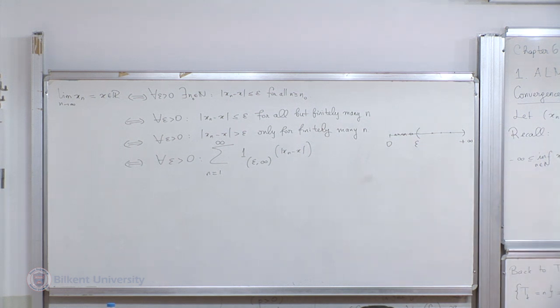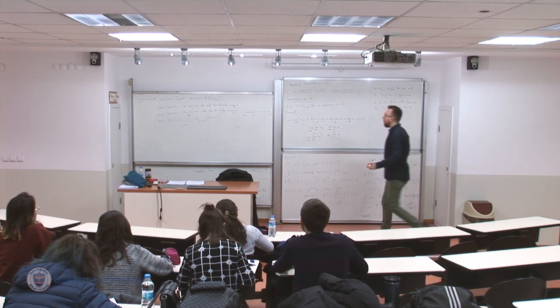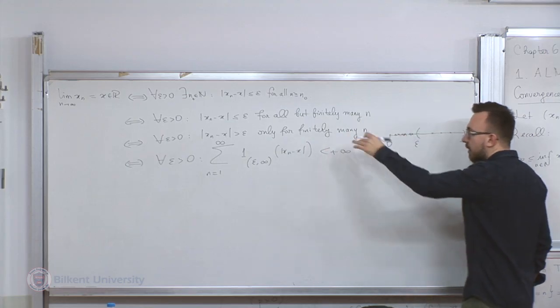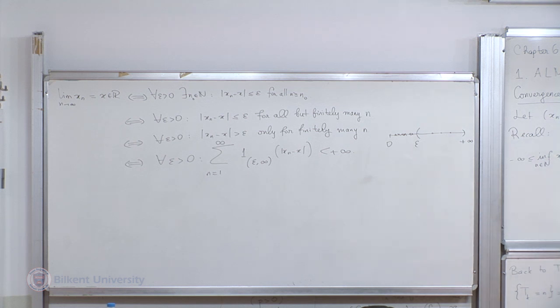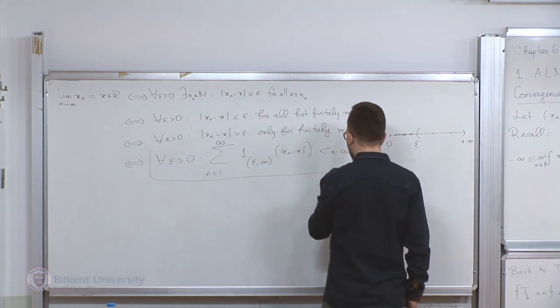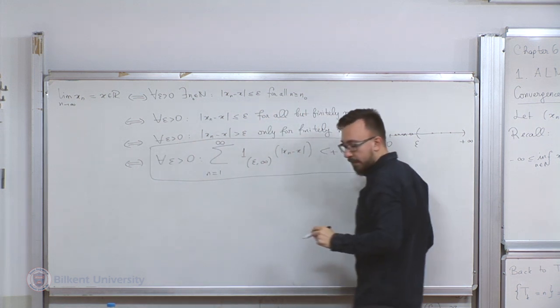These are going to give you 0 if the distance is less than epsilon. These are going to give you 1 if the distance is greater than epsilon. Finite number, exactly. So this is going to be a finite number. And the two statements are just equivalent, right? So let's keep it here. We're going to use it in almost sure convergence. So let's keep it as a useful way of rewriting this limit.